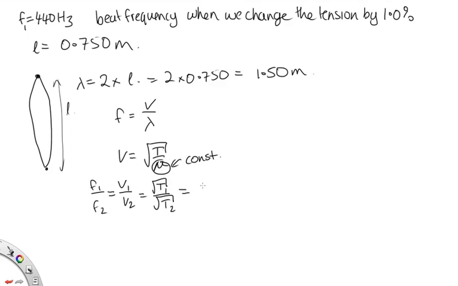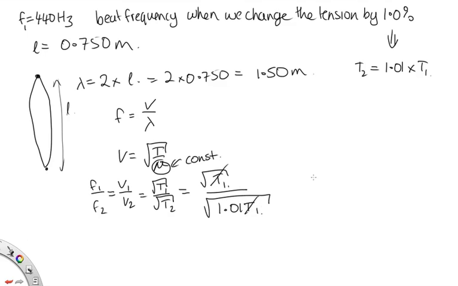Now T1, that was our original tension T1, and then T2 is increased by 1%, which tells us that T2 is equal to 1.01 times T1. So we can put this over the square root of 1.01 T1. These square roots of T1s cancel out, and we have F1 over F2 is equal to 1 over the square root of 1.01.